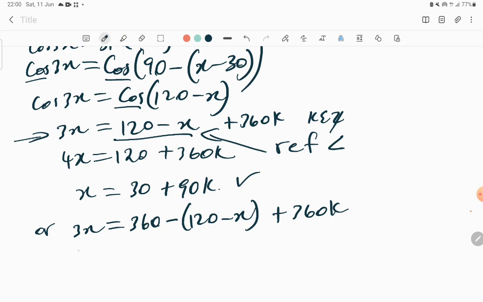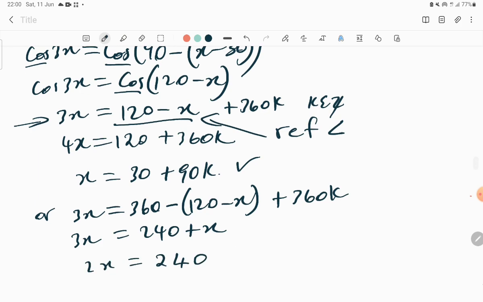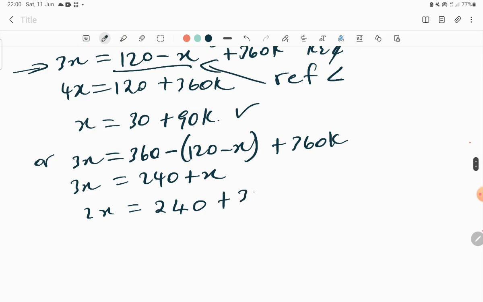Then we can now continue answering or just trying to simplify. Then we have 360 minus 120, which is just going to be 240, then plus x. Remember, this negative and this negative becomes just positive. Then we can just take this x to the other side, so that we just have 2x is equal to 240 plus 360k, where k is an element of integers.